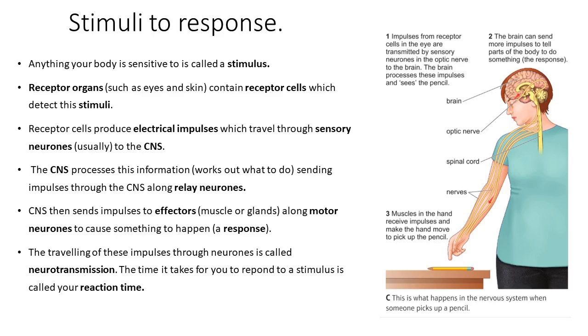So our first keywords here for you to write down are stimulus, and a stimulus is anything that your body is sensitive to. So it could be light, touch, taste, smell, any of those things.